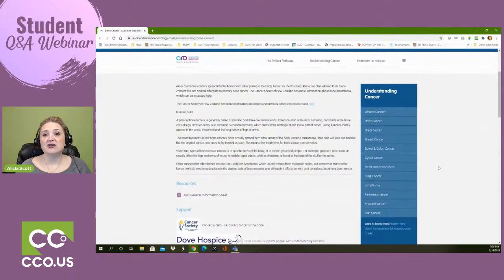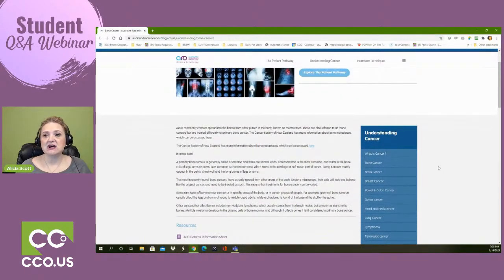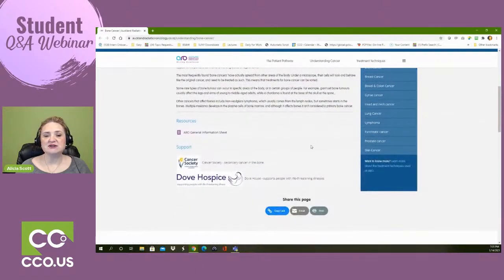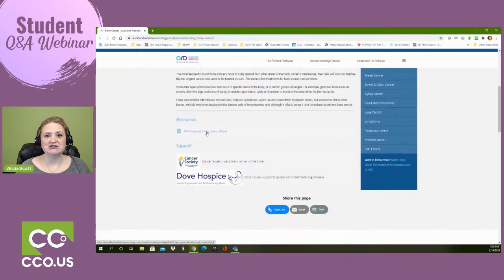Now, because of that, sometimes you have to pay for the information. You notice here it says the Cancer Society of New Zealand has more information about bone metastasis, which can be accessed here. So you can hyperlink over to that site, and they will also give you resources that you can link into.